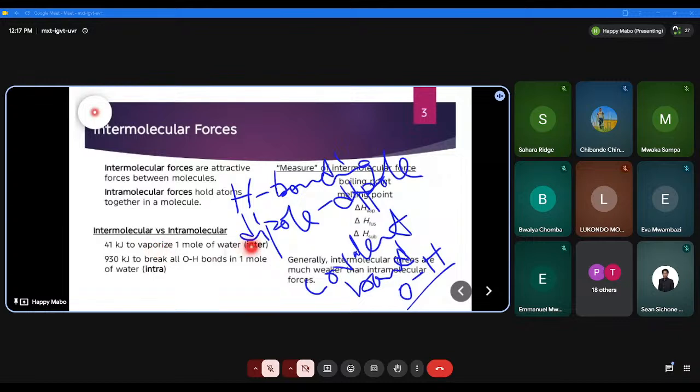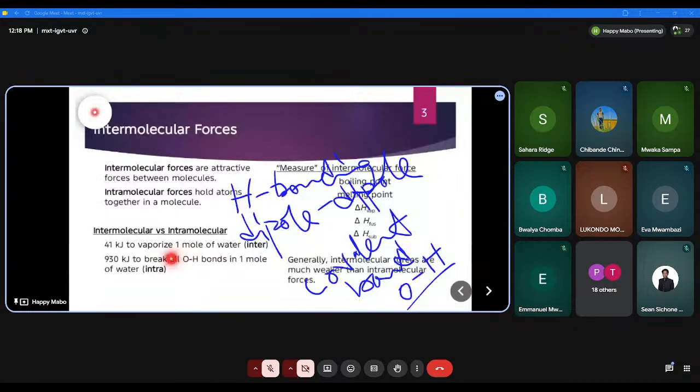If you were to attempt to break the bonds between the atoms, the amount of energy that you'll need to break the bond between oxygen and hydrogen, for instance, will be equal to 930 kilojoules of energy, quite high compared to what you might need just to separate the molecules one from the other.